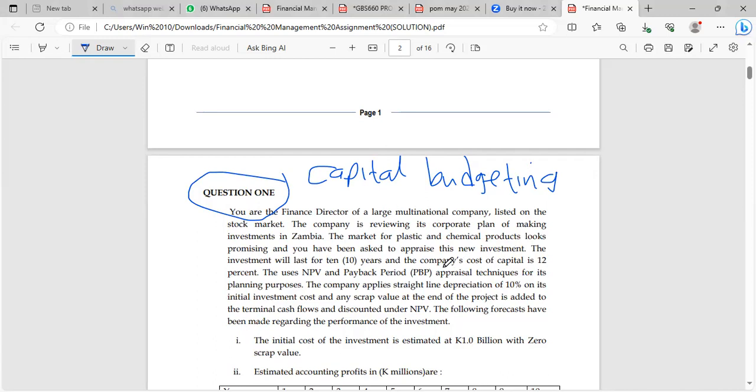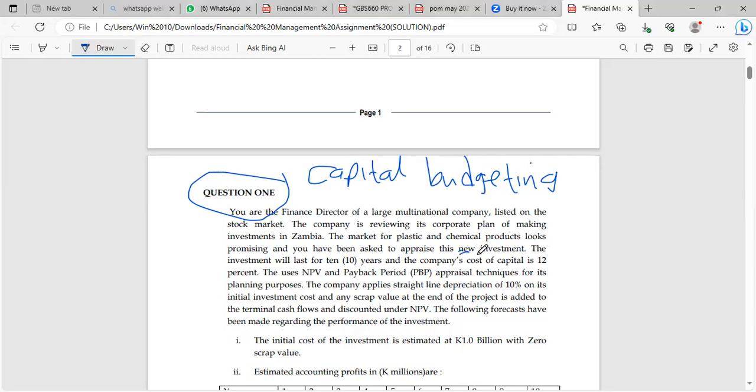The company is reviewing its corporate plan of making investments in Zambia. The market for plastic and chemical products looks promising, and you have been asked to appraise the new investment.